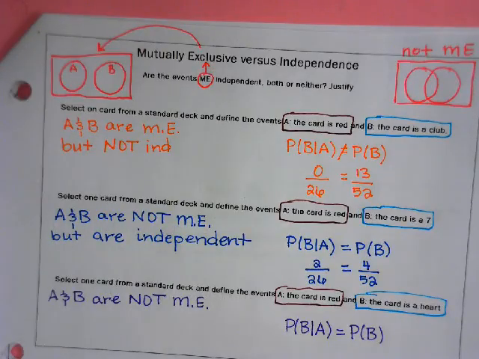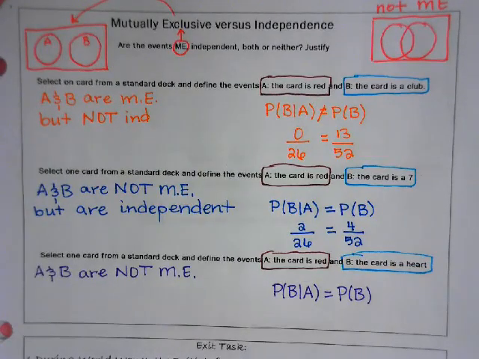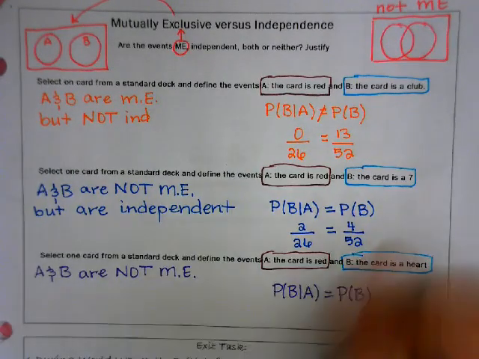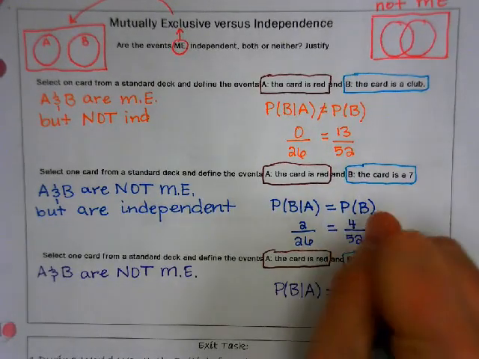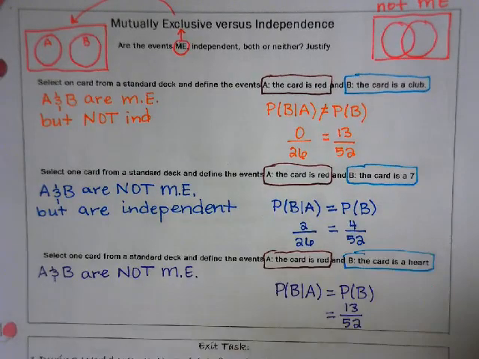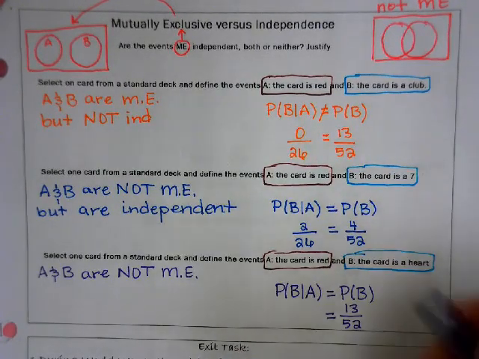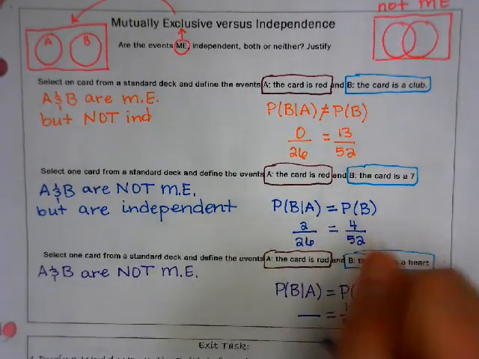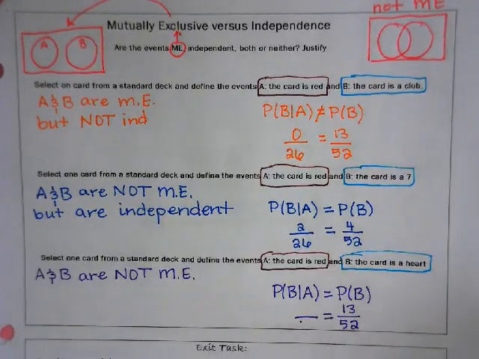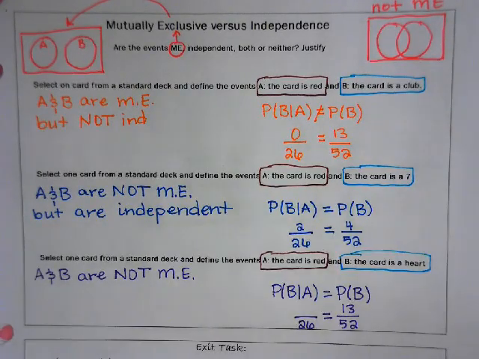A is given, so it's a red card. How many red cards are there? 26 red cards. Of those 26 red cards, how many are hearts? 13. Did I get the same? No. So these ones are not mutually exclusive and not independent.